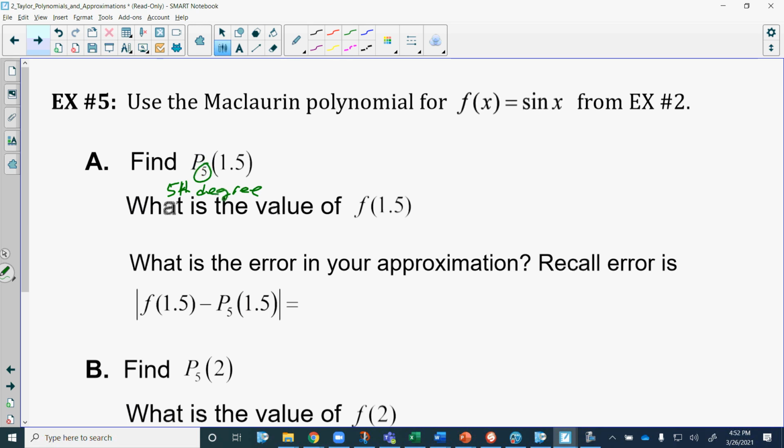And we obviously didn't do 1.5 because that's not a standard value that we look at on the unit circle. So this is how we're going to work this one out.